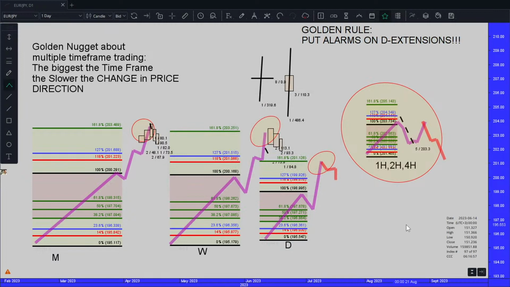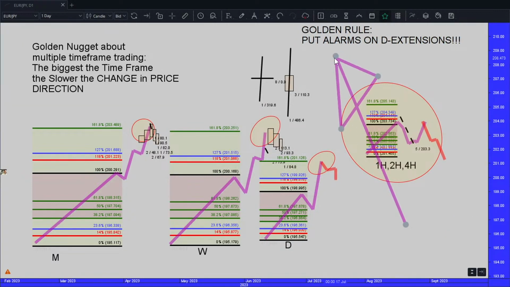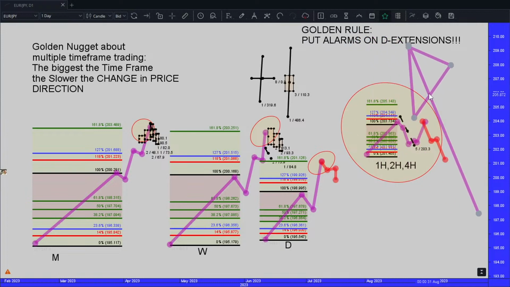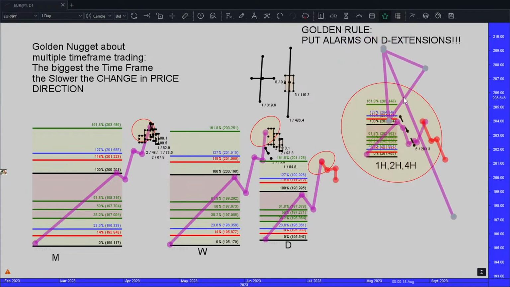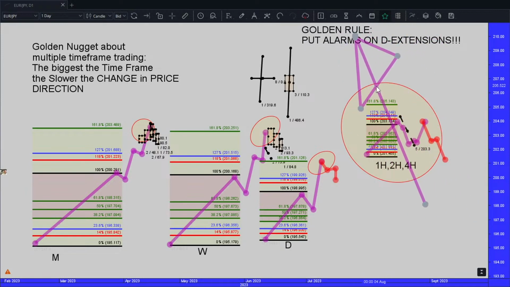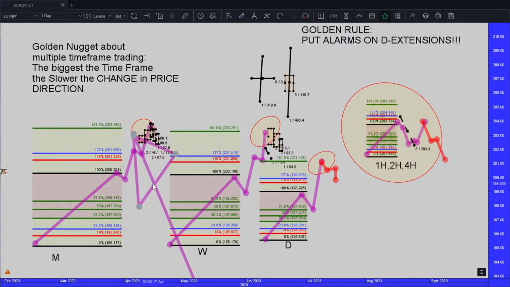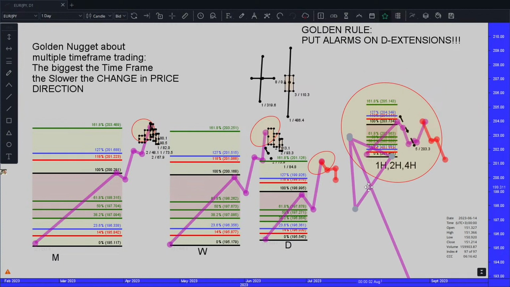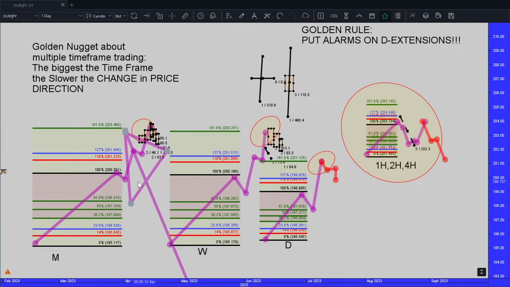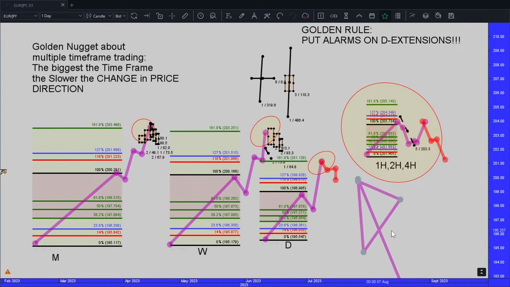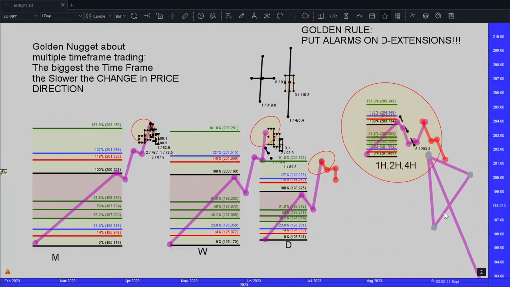I should charge you millions of dollars right now for telling you this, but it's not a secret, right? Put alarms on the extensions. Market hit the extension on the monthly, on the weekly, on the daily. It's not a problem because you can see it quickly.